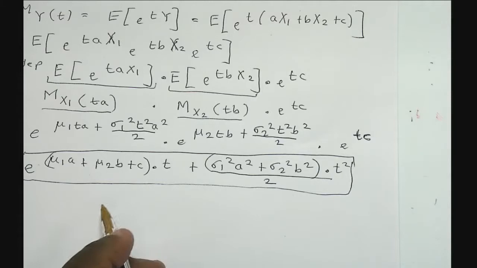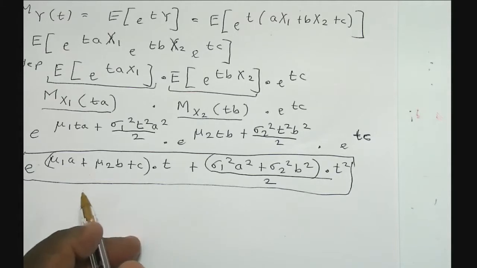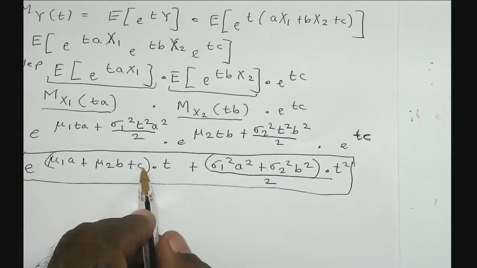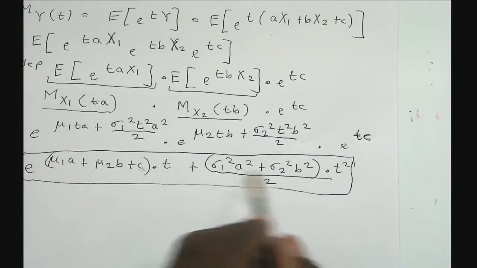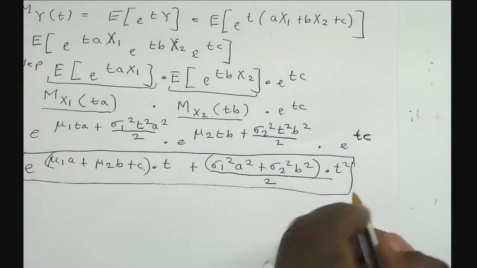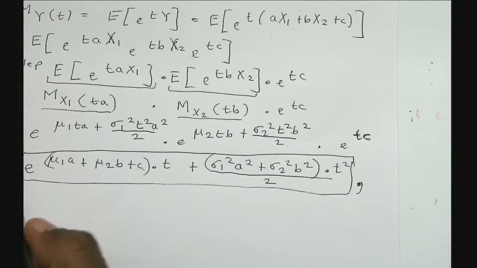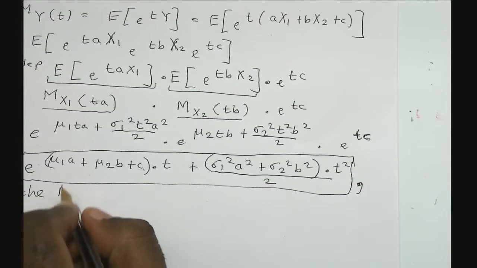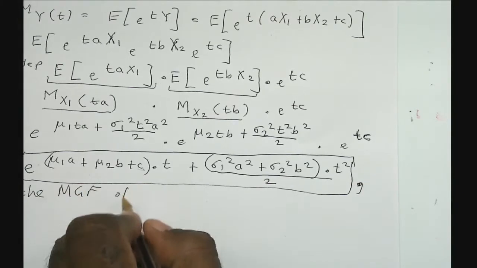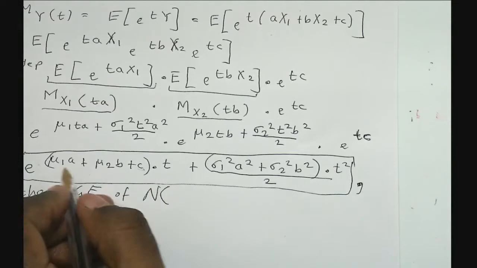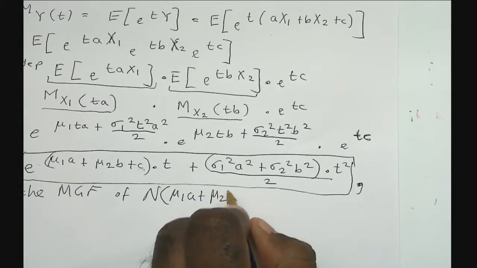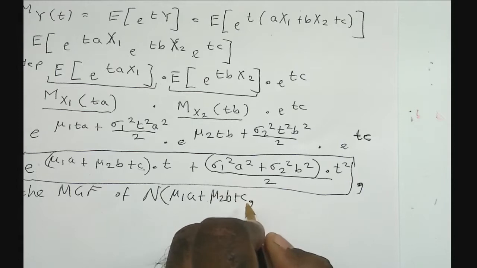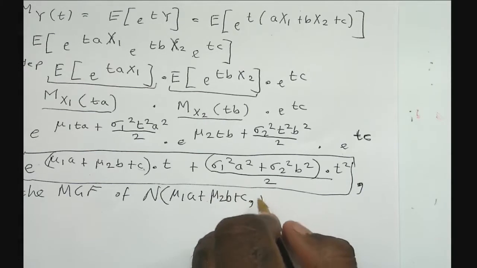The similarity is that in place of mu, you have this expression, and in place of sigma squared, you have this expression, right? So what you have here is the MGF of a normal variable with mu replaced by this, and sigma squared replaced by this.